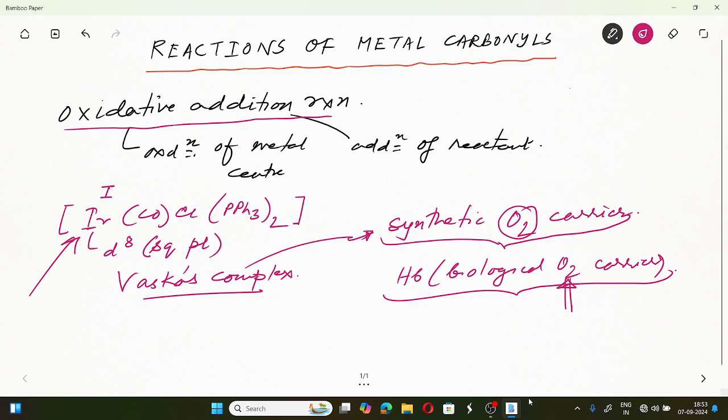This is a type of oxidative addition reaction. If you look closely, this is the square planar iridium(I) complex Ir(CO)Cl(PPh3)2.